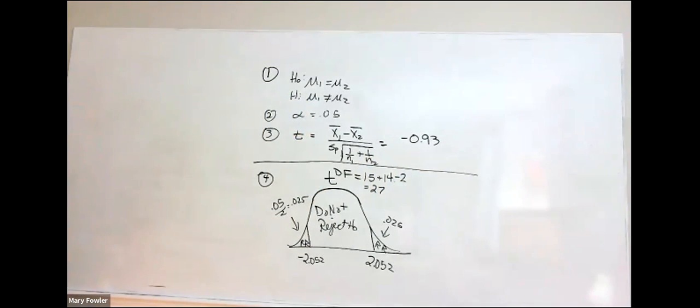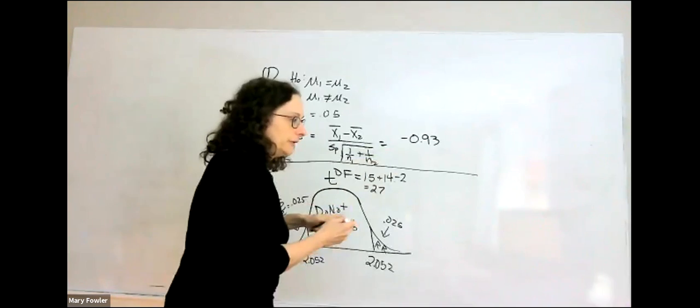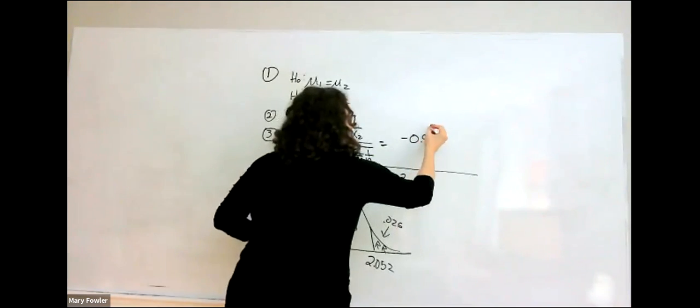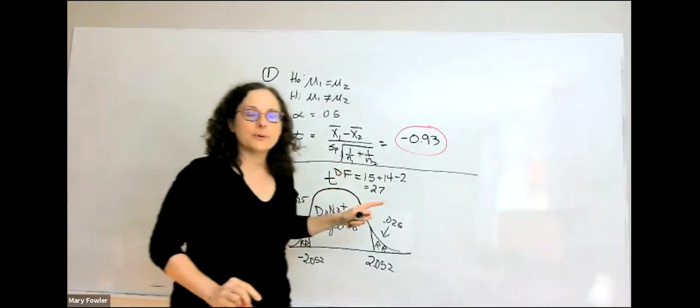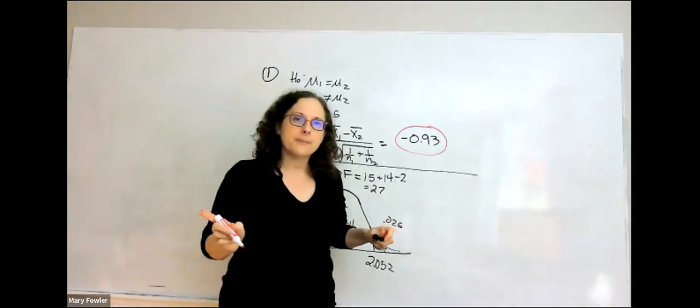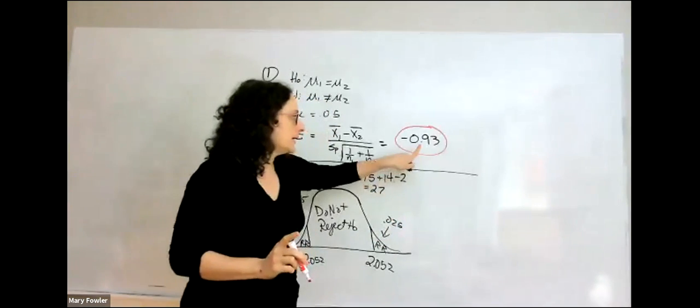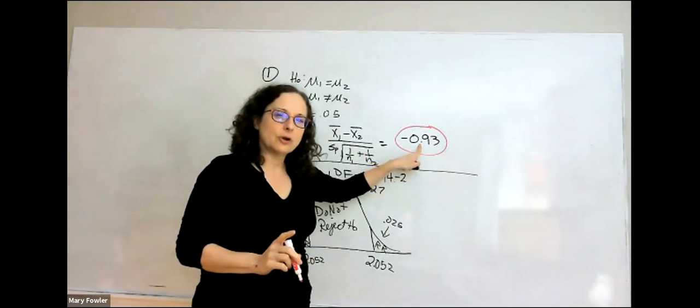We got a test statistic of 0.93. Now, I am going to circle it in red and put it on this graph down here. But even before I put it on the graph, I want to think about it. Is this a large value?